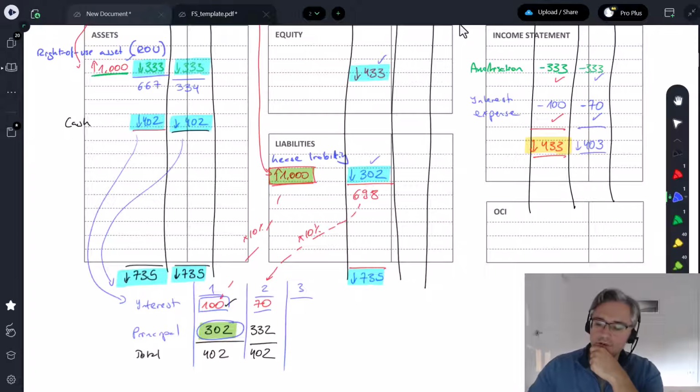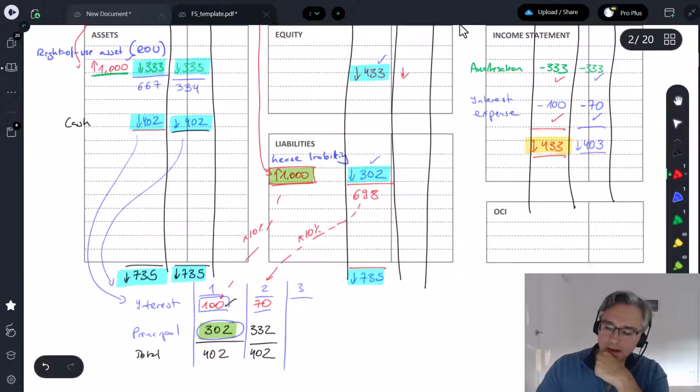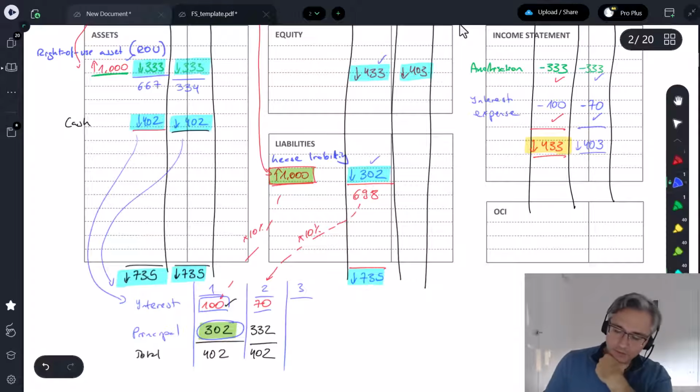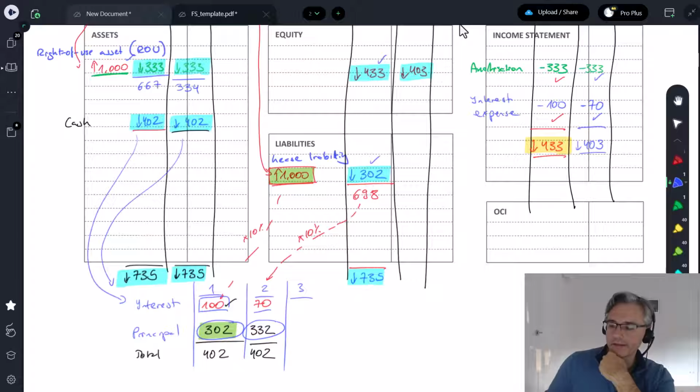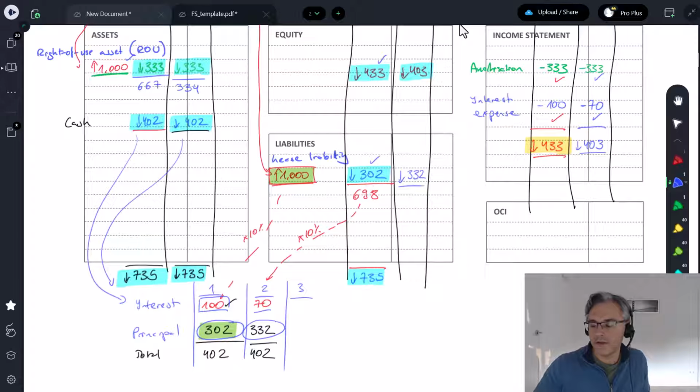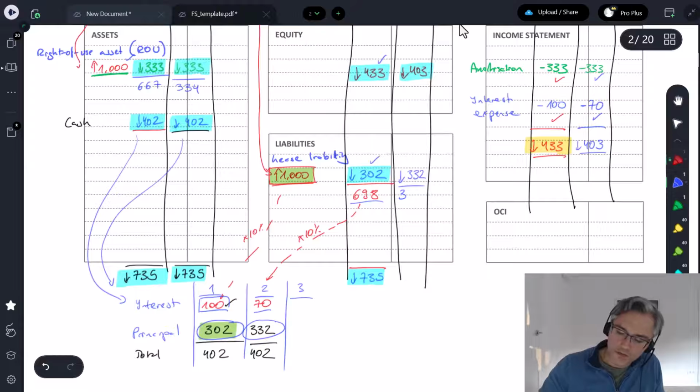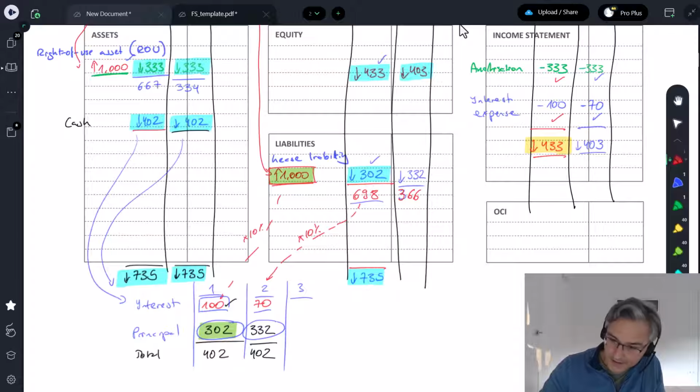So look, this 403, just like before, impacts our equity. Obviously, it's a different figure now, but it goes to equity. And whatever was deemed to be the principal component reduces the outstanding amount of the liability as reported in the liability segment of the balance sheet. So if we had 698 over here, a reduction by 332 is going to result in an end of year balance of 366.